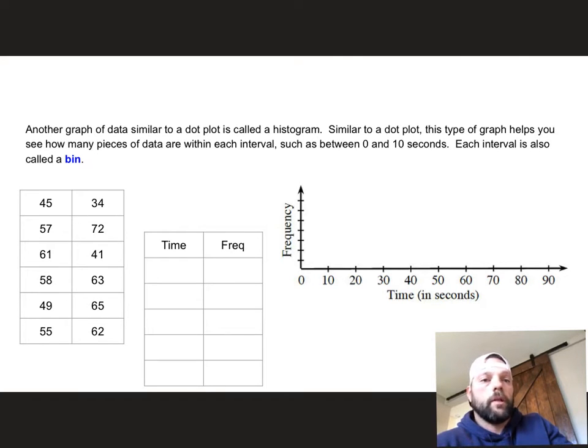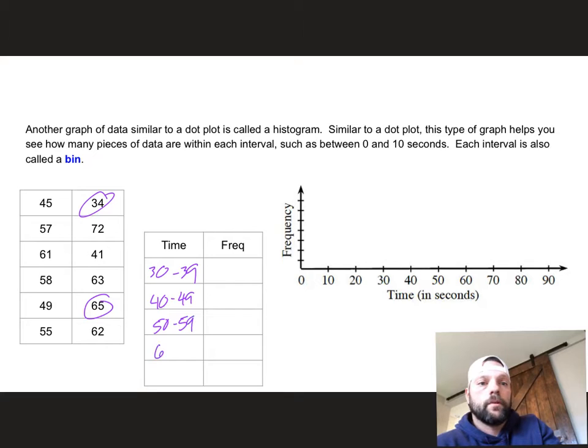I want to look at what's my smallest number and what's my largest number. 34 is my smallest number, and my largest number looks like it's 65, approximately. So again, I'm going to do 30 to 39 instead, 40 to 49, 50 to 59, 60 to 69, and 70 to 79.